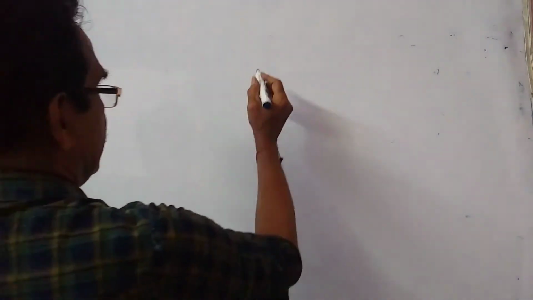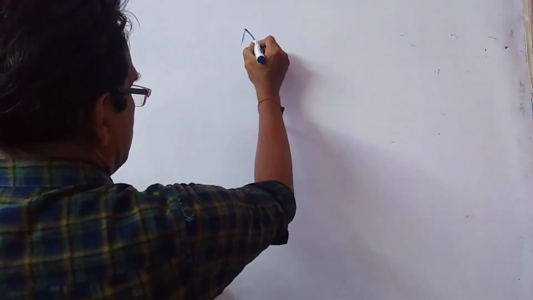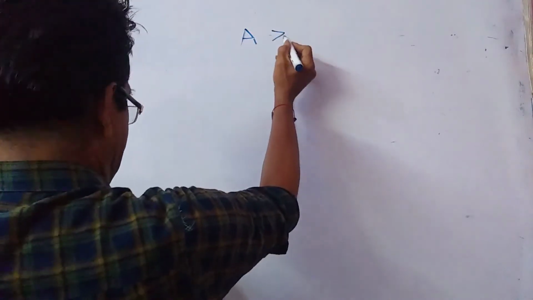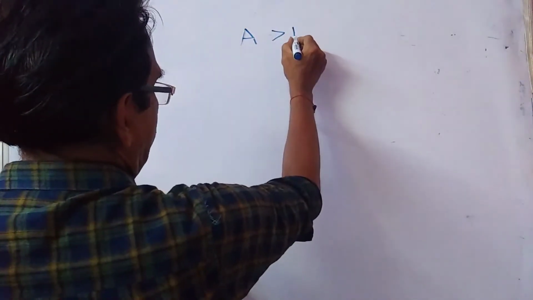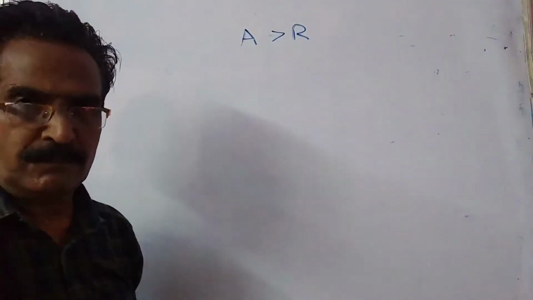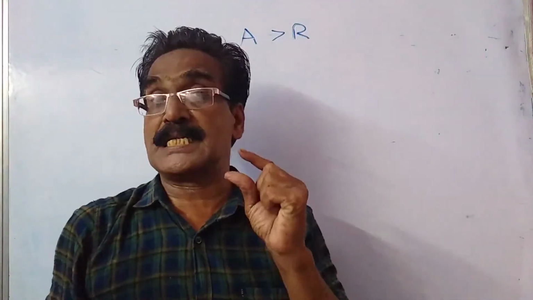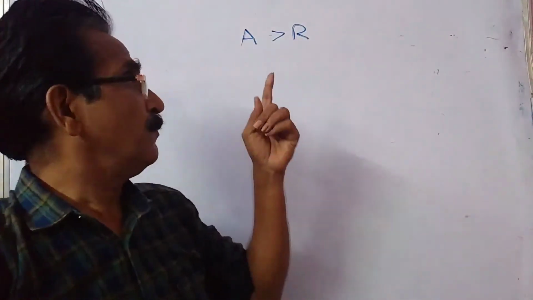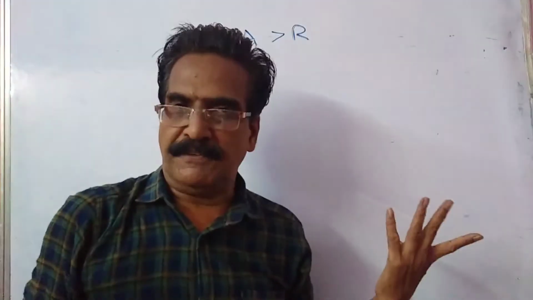In which of the following expressions, A greater than R does not hold true? So five options are given.